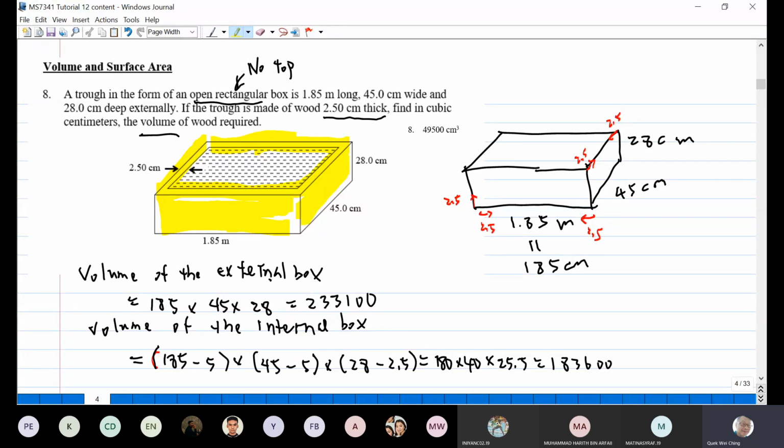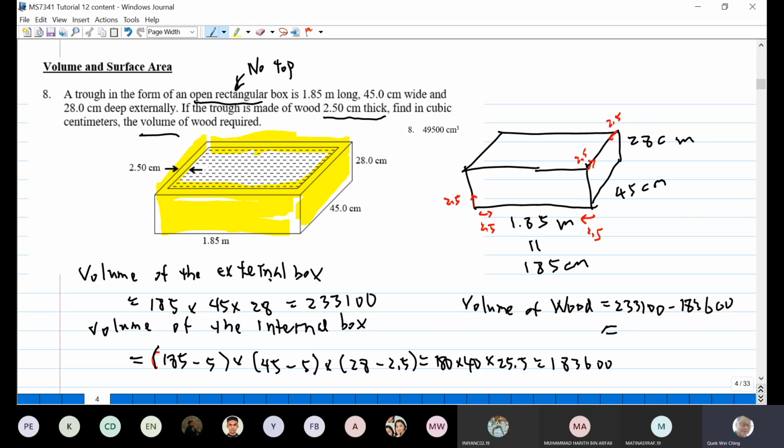So the amount of wood required, the volume of wood, is just the difference of these two. 233,100 minus 183,600.